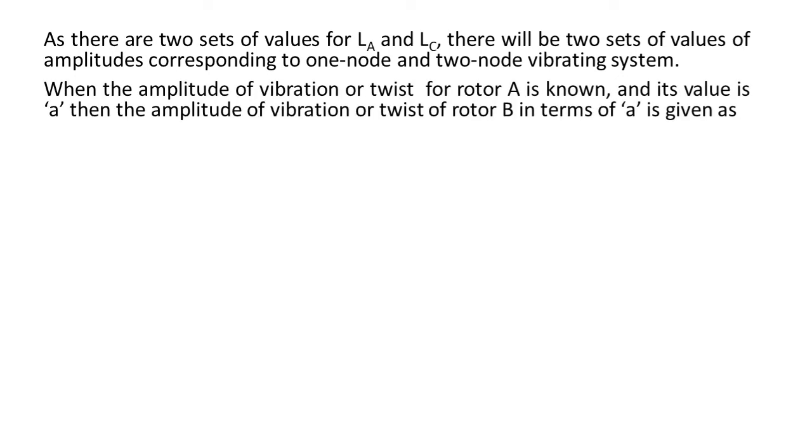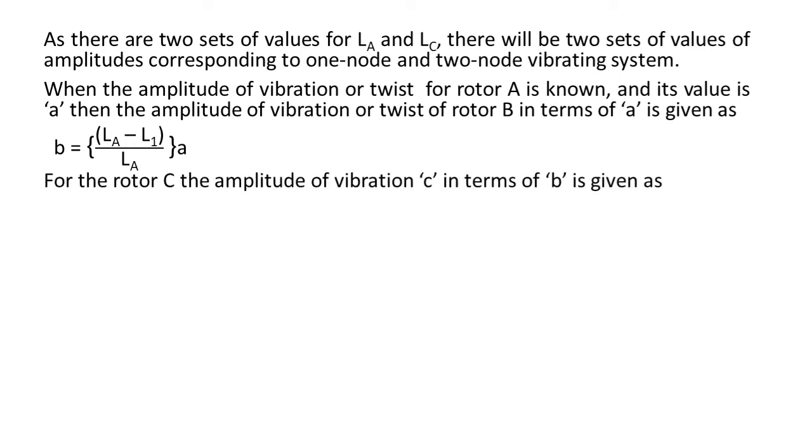When the amplitude of vibration or twist for a rotor A is known and its value is A, then the amplitude of vibration or twist of a rotor B in terms of A is given as B equal to LA minus L1 by LA into A. For the rotor C, the amplitude of vibration C in terms of B is given as C equal to LC by LC minus L2 into B.